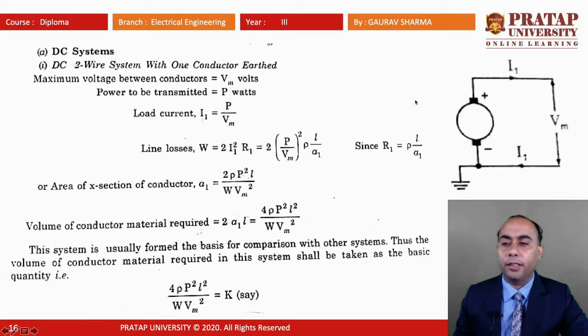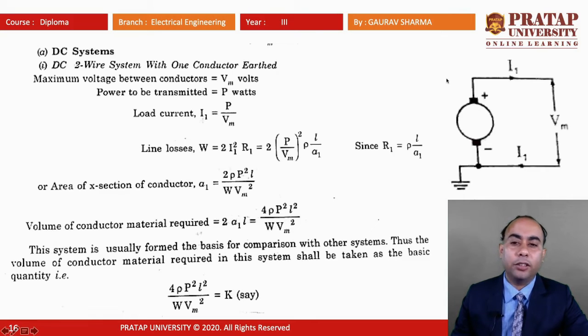So the maximum voltage between conductors is Vm volts. The power to be transmitted, as we already assumed, is P watts. Load current I1 is equal to P divided by Vm.